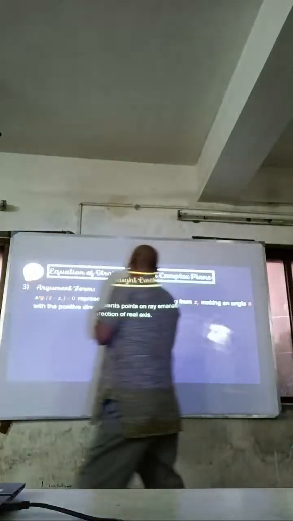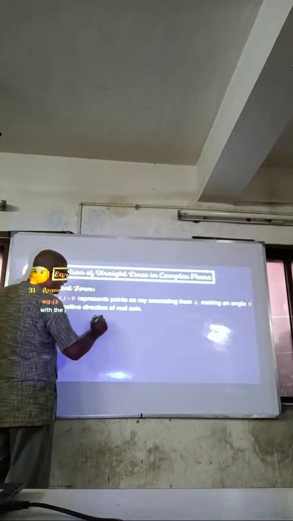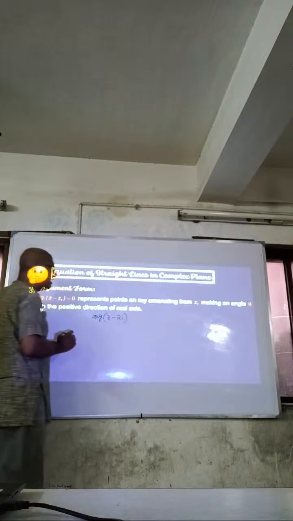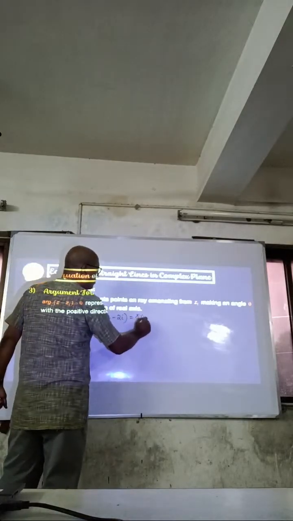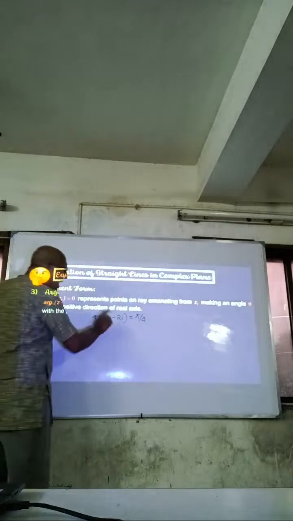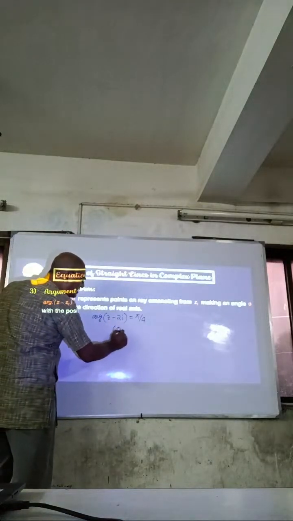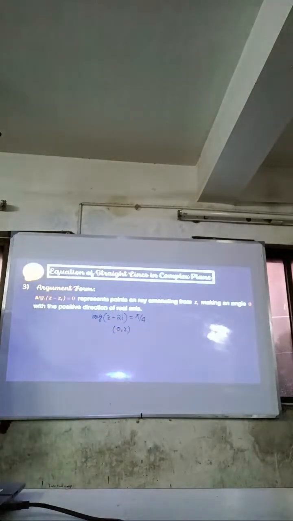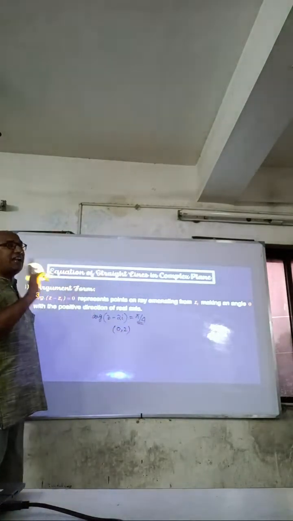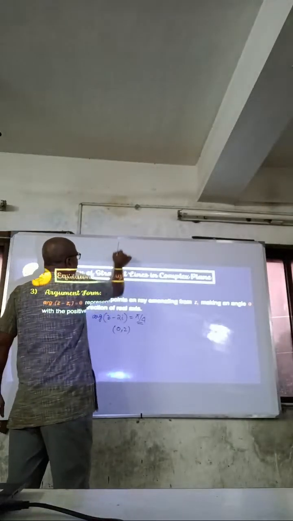আমি একটা example নিই। ধর আমি তোকে বললাম arg of z minus 2 iota is pi by 4. What do you mean by this? It means that a ray is emanating from the point 0,2 making an angle pi by 4 with the positive direction of the x-axis. তার মানে কি হলো ব্যাপারটা?